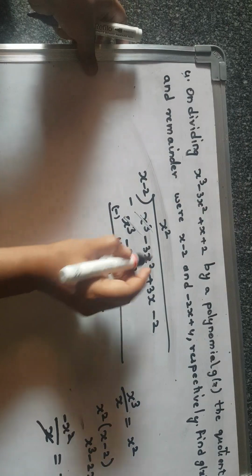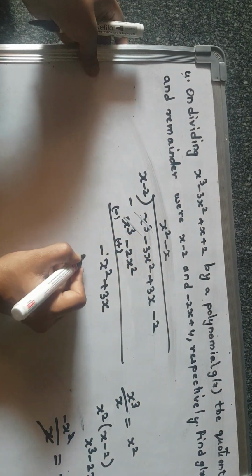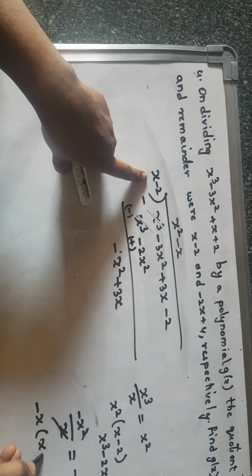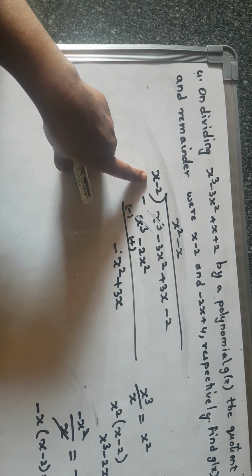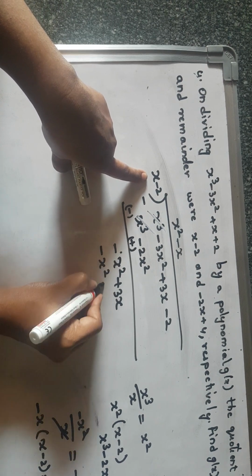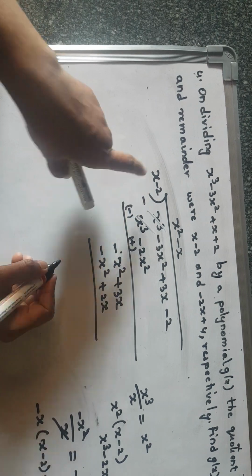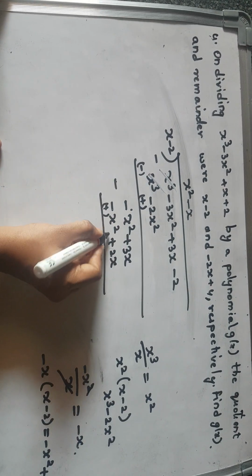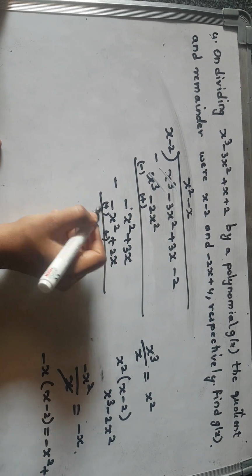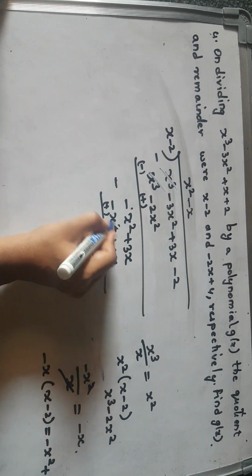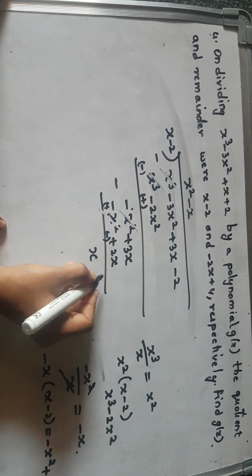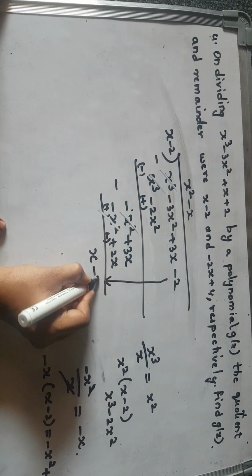Multiply minus x with x minus 2, which means minus x square plus 2x. Subtract: minus into minus plus, minus into plus minus, so this cancels out, and 3x minus 2x is x. Again bring down minus 2.